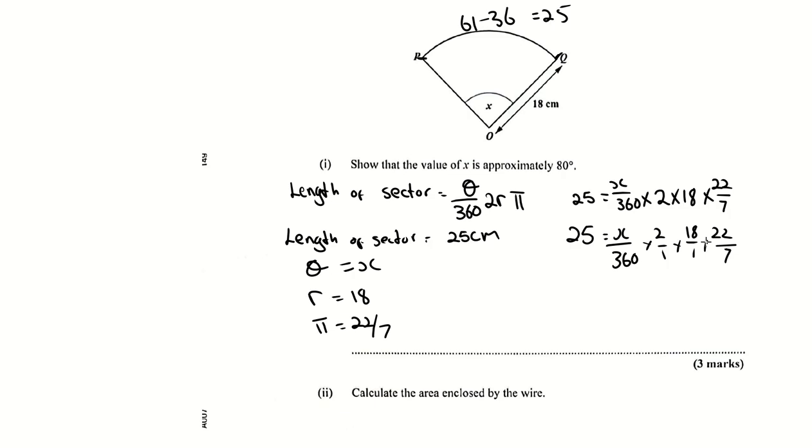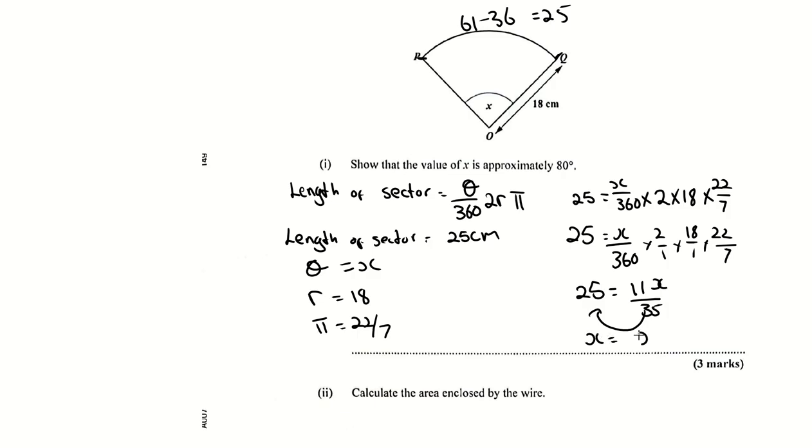When we multiply this out, guys, you will get 25 is equal to 11x over 35.